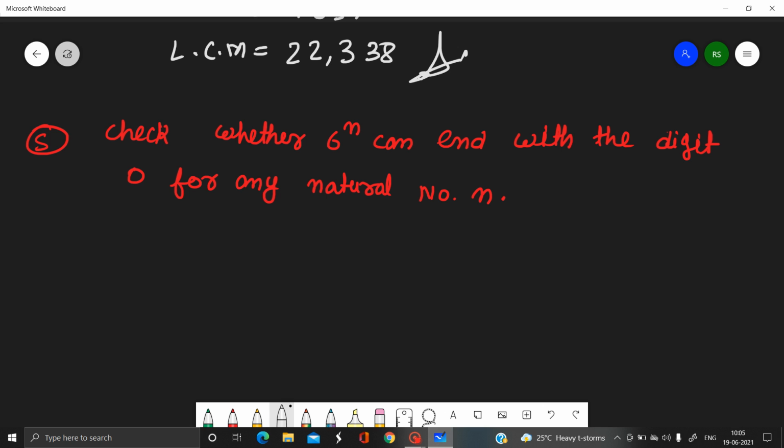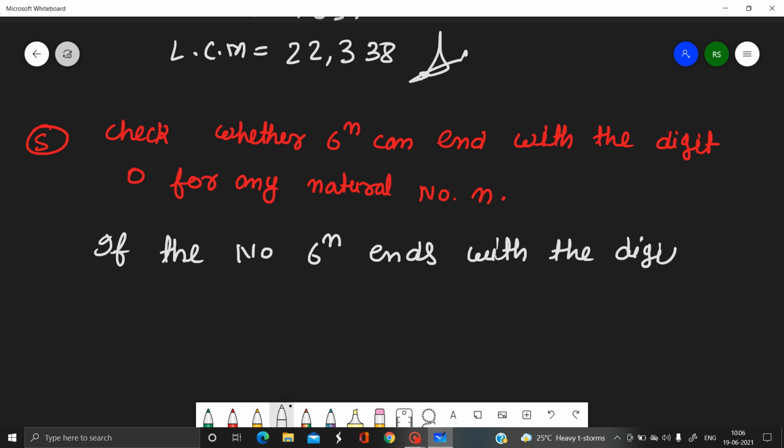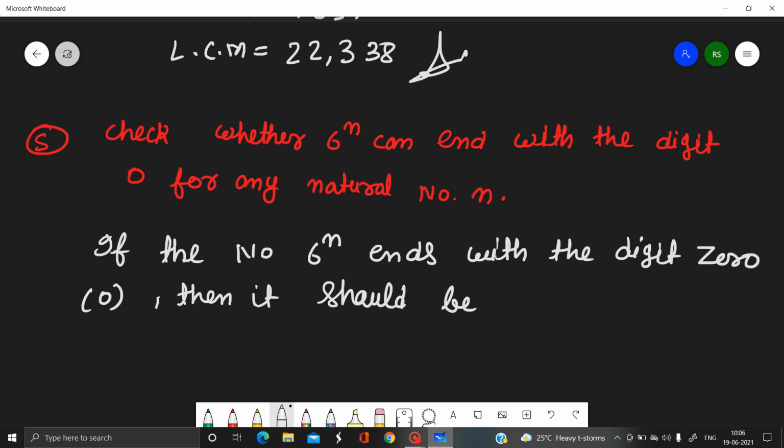One thing to notice here: if the number 6 to the power n ends with the digit 0, then it should be divisible by 5, because we know the divisibility rule of 5.